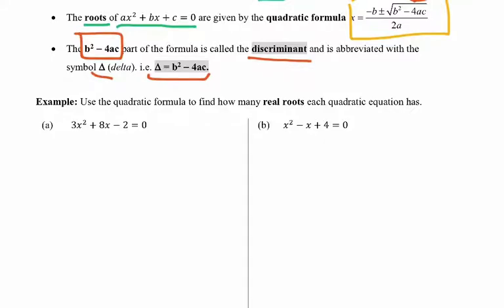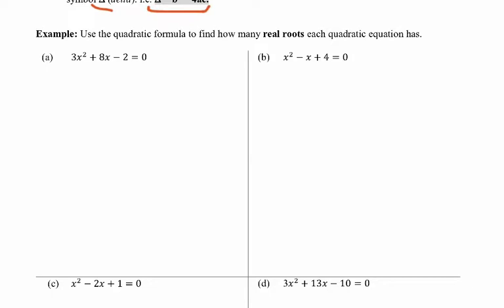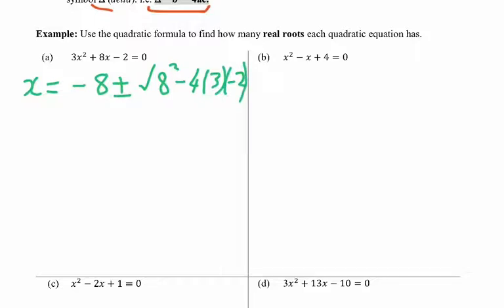Okay, so let's have a look at the first one. x equals minus b, which is minus 8, plus or minus the square root of b squared, so 8 squared, minus 4 times a, which is 3, times c, which is negative 2. That's all divided by 2 times 3.